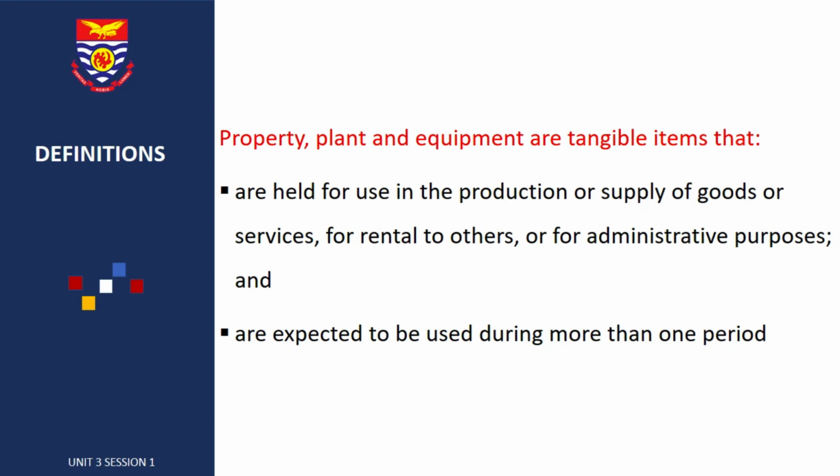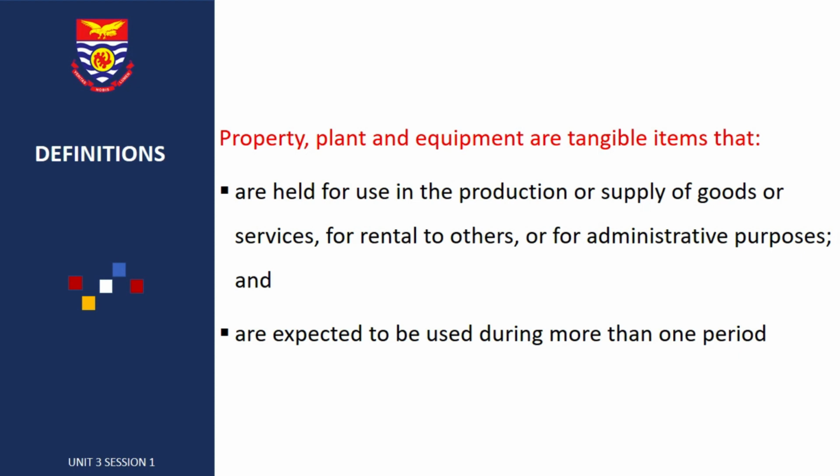So property, plant, and equipment are tangible items that are held for use in the production or supply of goods or services, for rental to others, or for administrative purposes, and are expected to be used during more than one period.